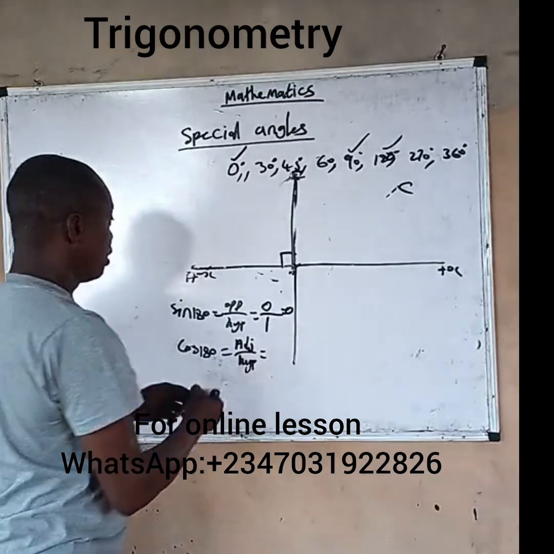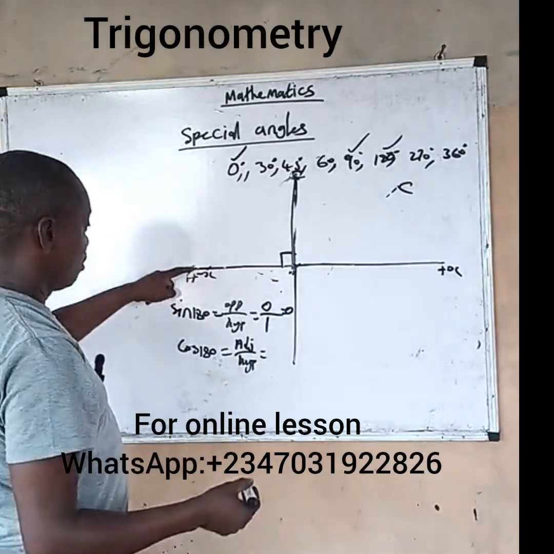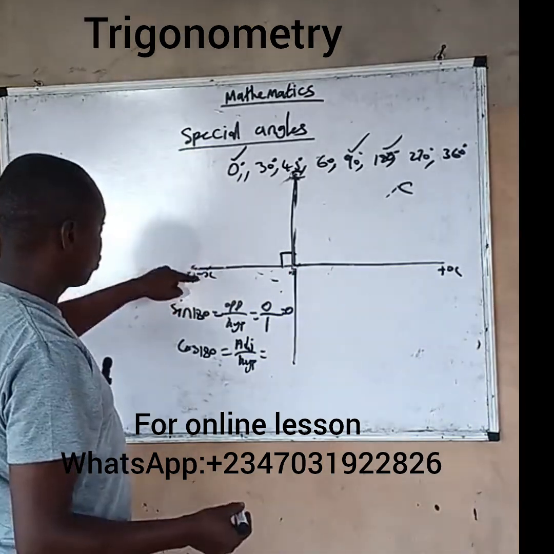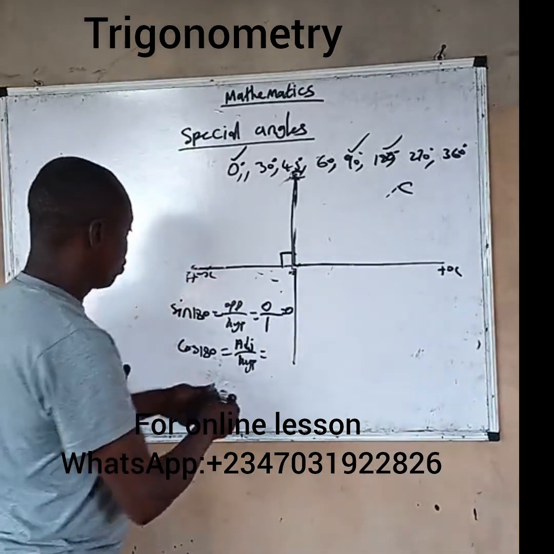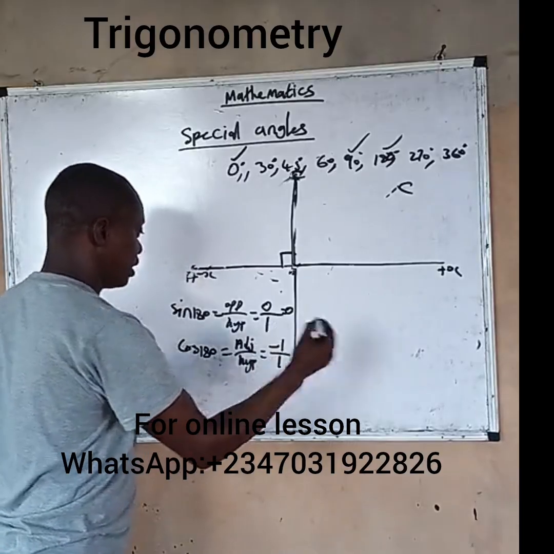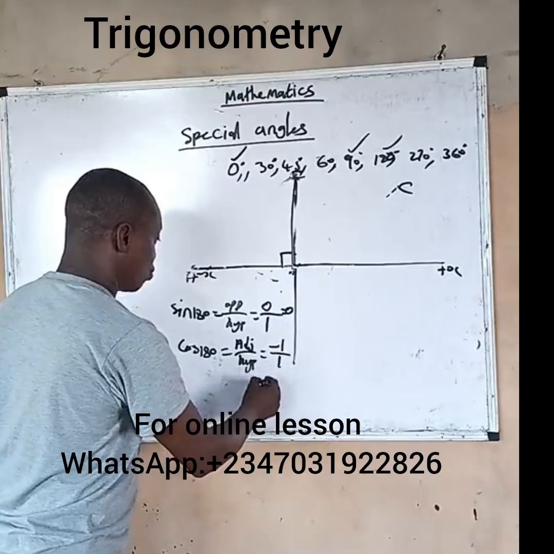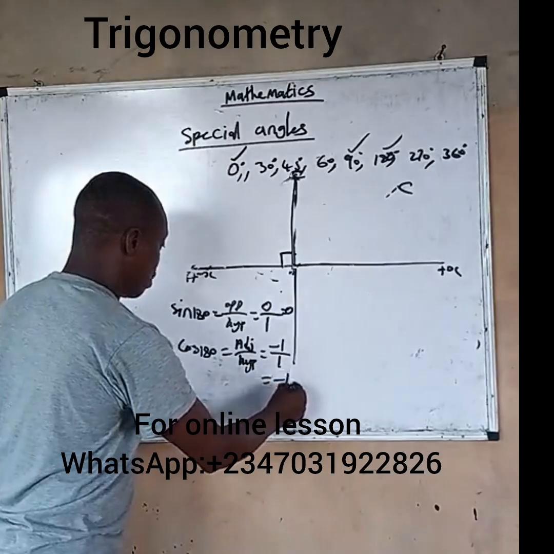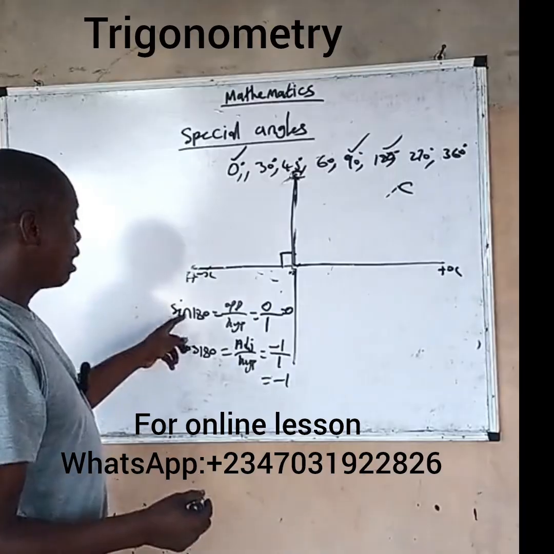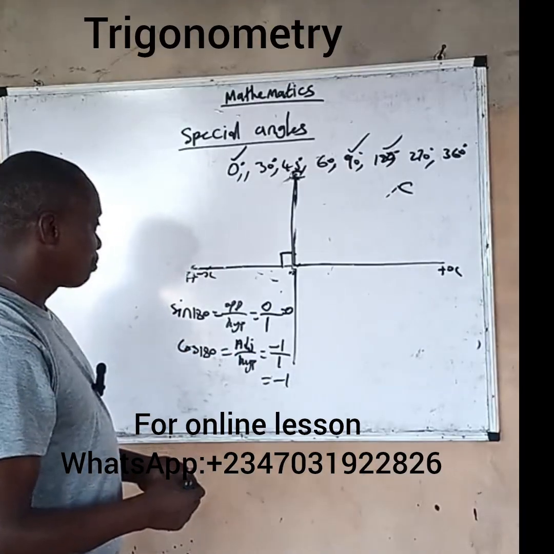Now your adjacent is the value of x because you're on this line. Your adjacent is minus, but that 1 was still there, so it is minus 1. Minus 1 over the hypotenuse, which is 1. So minus 1 divided by 1 is minus 1. So cos 180 degree is minus 1, while sin 180 is 0.